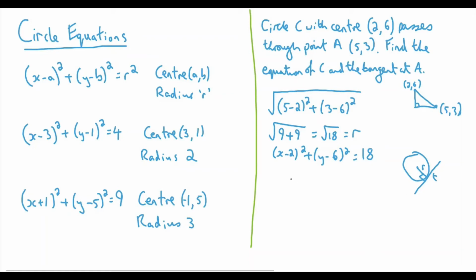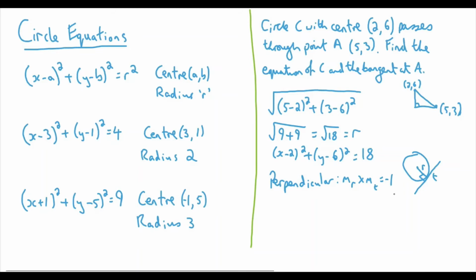This makes them perpendicular. And what we can say about perpendicular lines is that their gradients, we use m for this, if you like, from the y equals mx plus c, so the gradient of the radius times the gradient of the tangent equals minus 1.